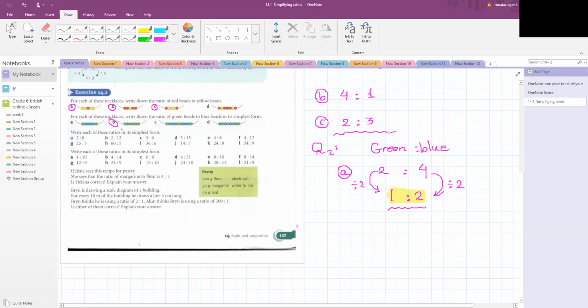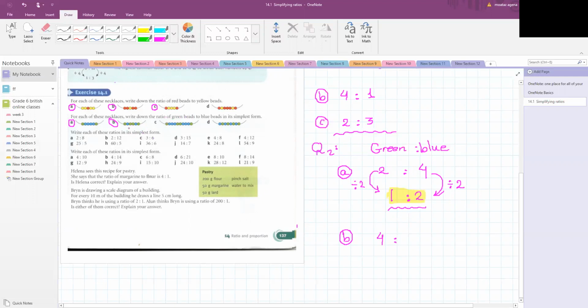Okay. So we solved A already. He said write the ratio green to blue. Don't forget, green to blue. So how many green beads do we have? 1, 2, 3, 4. So we have 4 green beads.